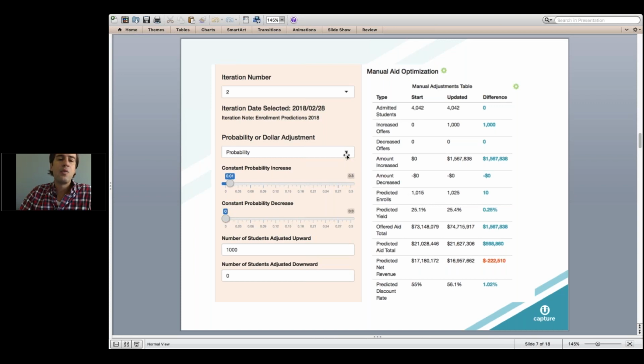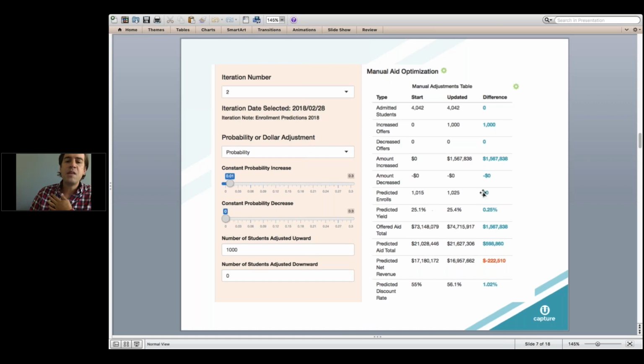Well, the way to do it is toggling here, instead of the default dollar adjustment. That's usually how we've demoed this, with a dollar adjustment. You say, let's give $1,000 more to 200 students, and what will that give us? Which is a useful way to look at it, but this probability is an alternate way to do it.